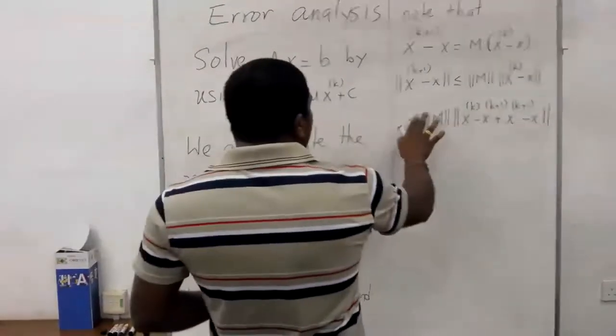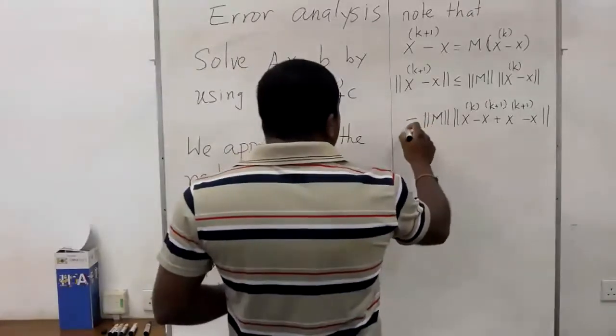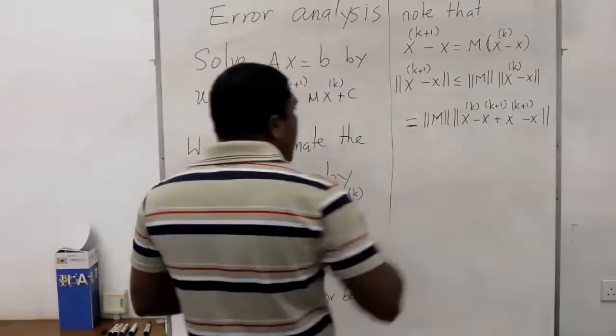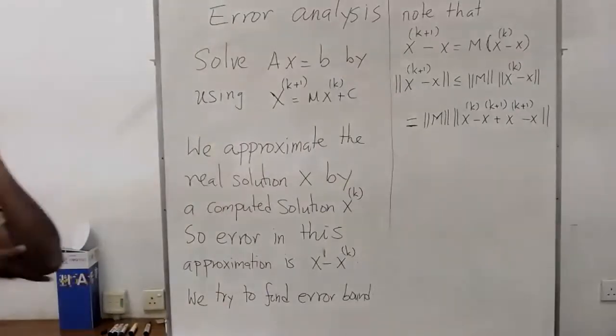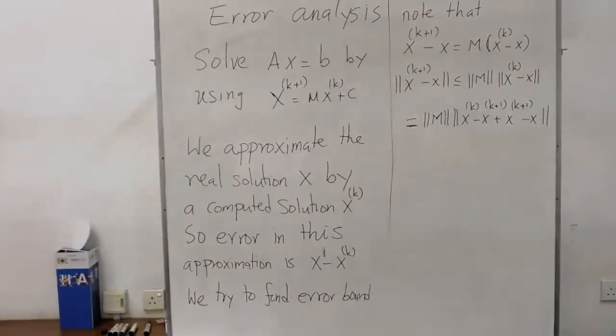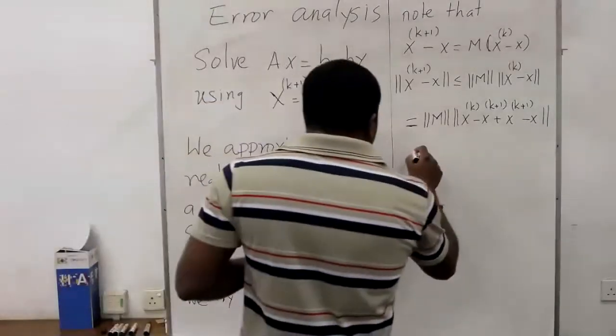So in this inequality, what you do is you add and subtract an xk plus 1 inside the norm. In this way there is no change, right? You add and subtract the same value, which you can always do, and that does not change the values of the computation.